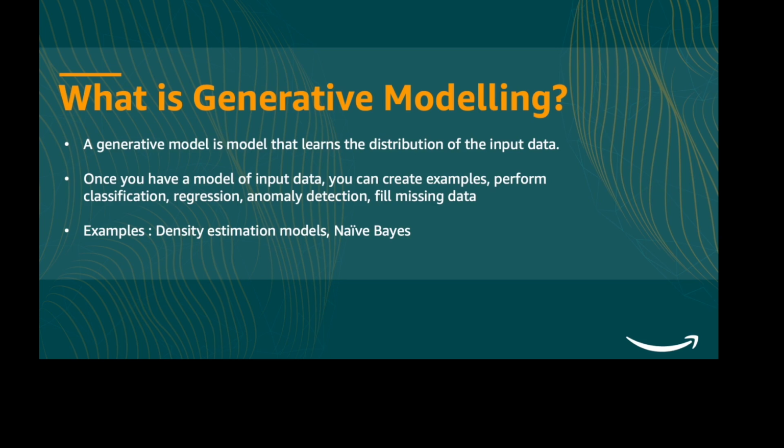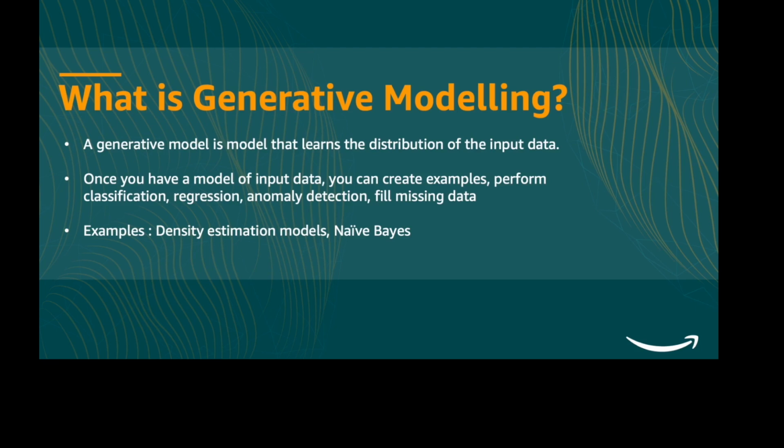Naive Bayes is also one of the examples, very popular for classification. So typical methods are density estimation models, where the idea is to put some assumption on the input data distribution.